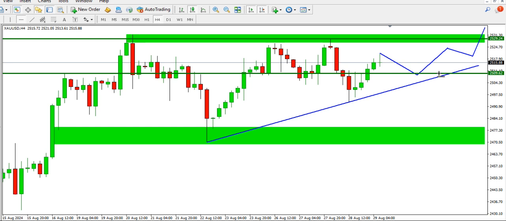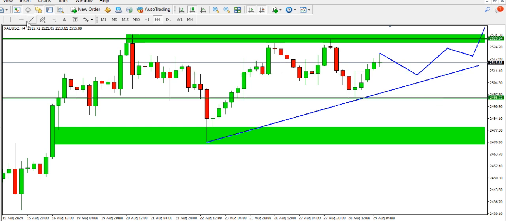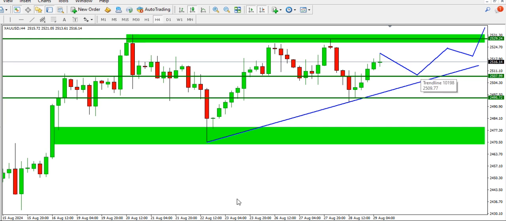Buyers stepped in at this point. Now the buyers should be expected to be at around 2507 or 2508 for more buyers to join in and for price to continue to go up.